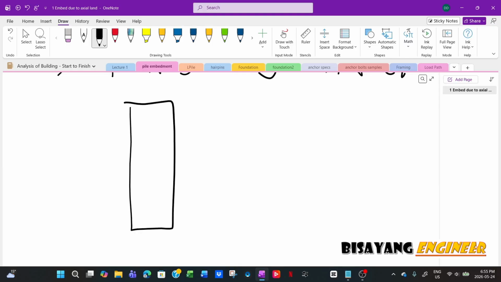So with regards to pile capacity, say this is a cast in place pile, and this is your load, then this is your total capacity.